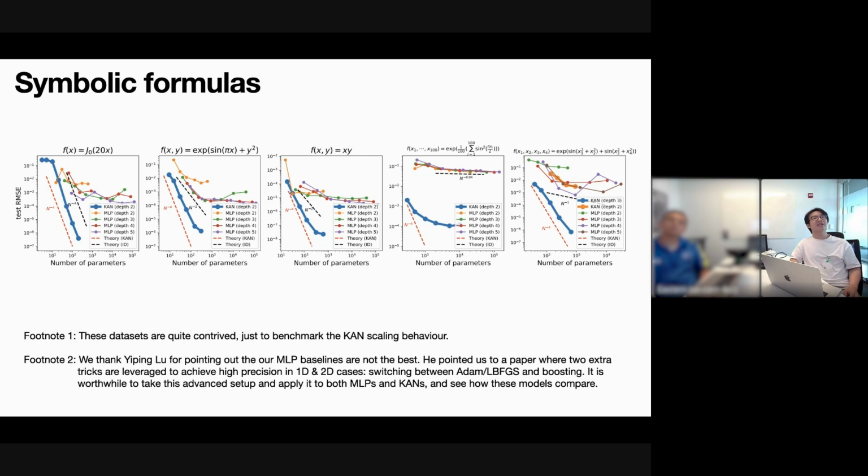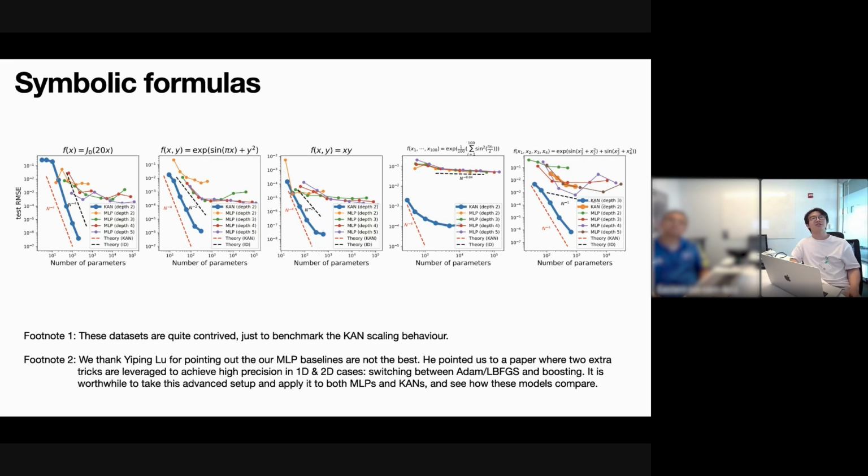The dashed red lines are the theoretical limit, that is n to the -4, because we use cubic splines, where k is 3. So we have a -4 theoretical prediction. And then we compare our empirical scaling laws to the theoretical scaling laws, seeing that they're quite aligned.